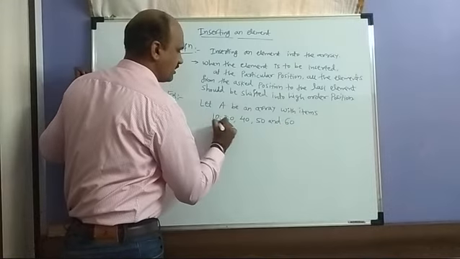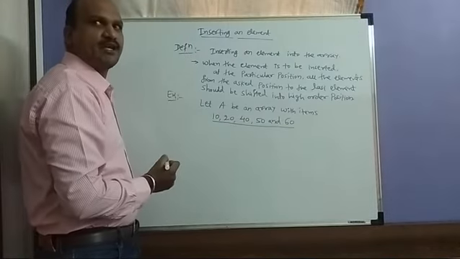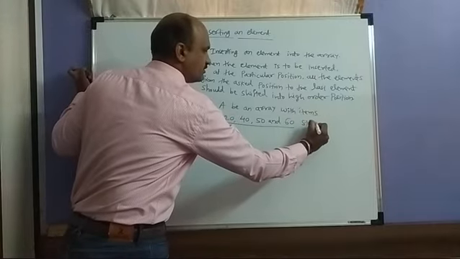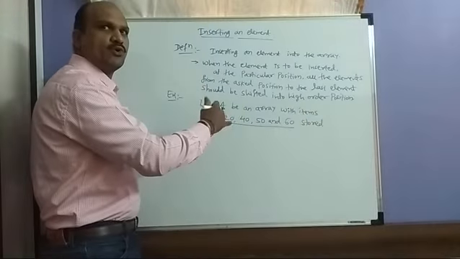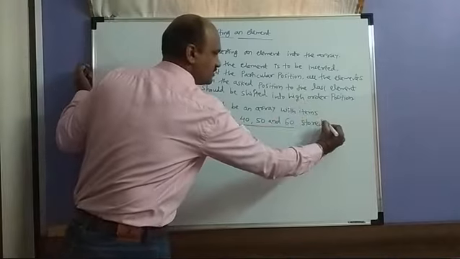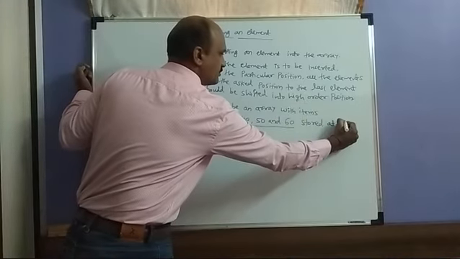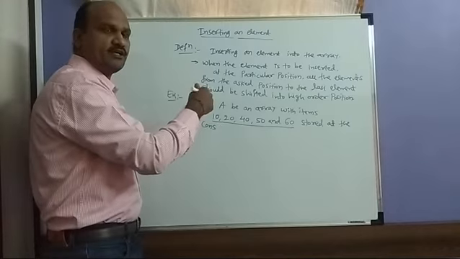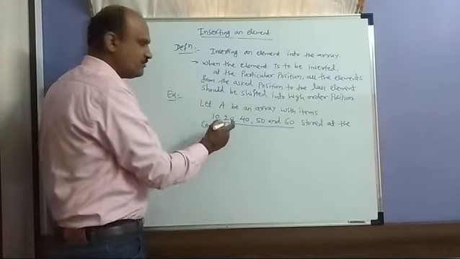These are the elements now present in the array, already stored at consecutive locations.